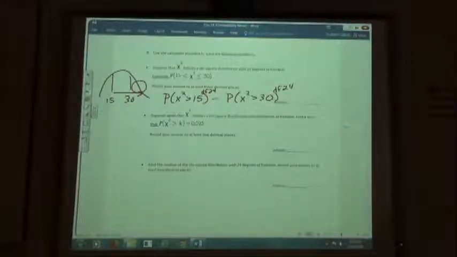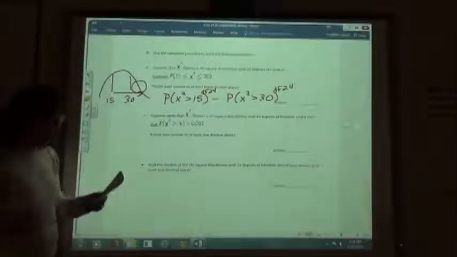So 15, degree of freedom 24. Then on the other side of the parenthesis, type your minus. And then we're going to do the same thing again, the P of chi squared. Yep, that. And we are going to put in 30 with a degree of freedom of 24. And hit equals.